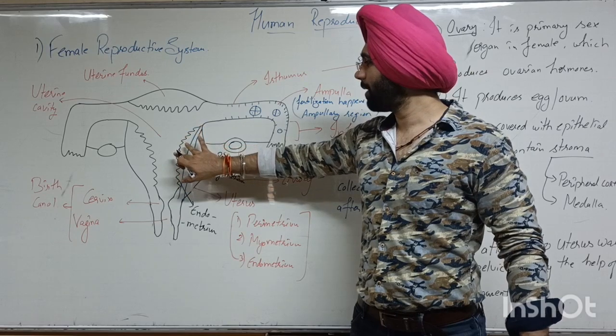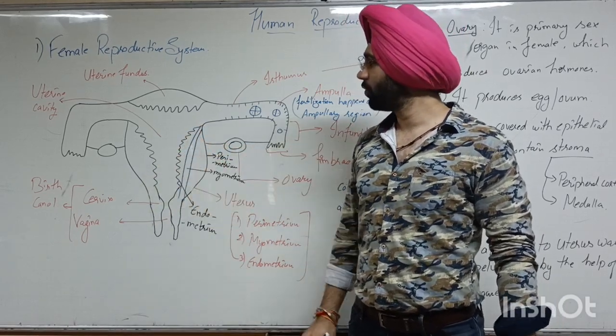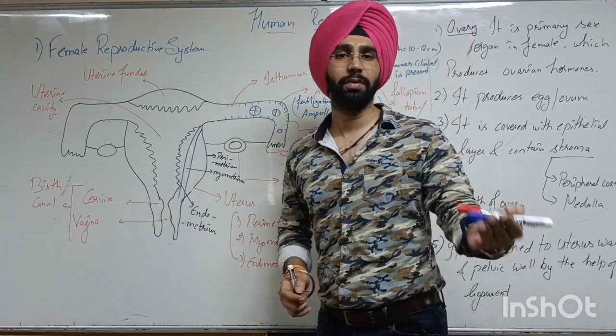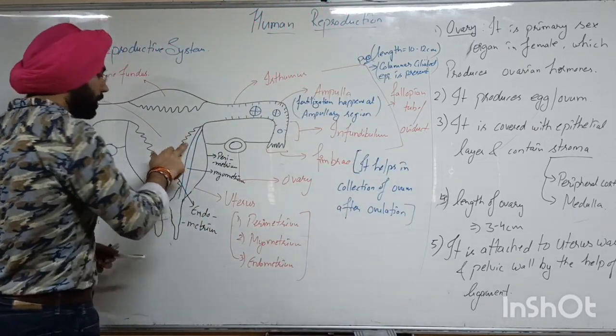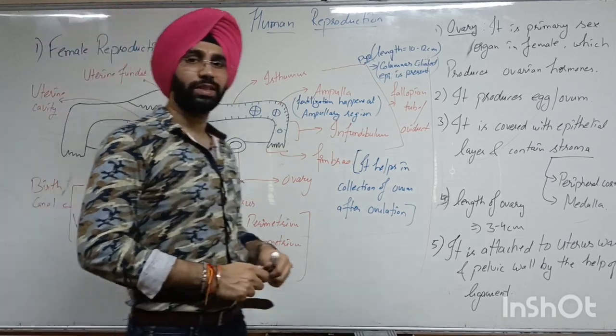The changes only happen in the endometrium layer of the uterine cavity, because this layer is responsible for periods, or menses. This layer undergoes monthly changes, and the endometrium is responsible for menstrual cycles.